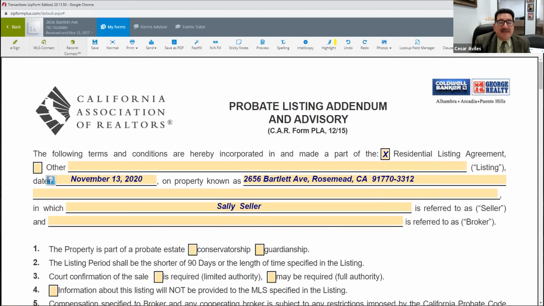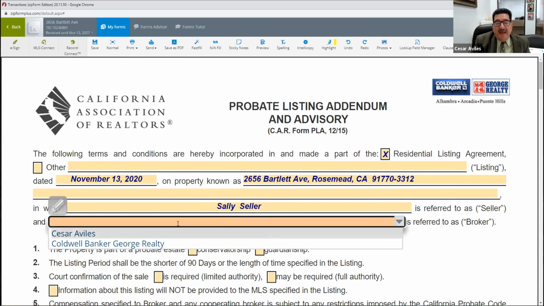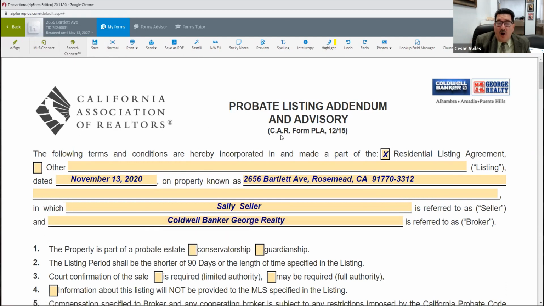So you need to identify all the forms, all the branches that you're attaching to the contract. You identified the main tree, which is the residential listing agreement that we dated on November, blah, blah, blah, on the property known as Bartlett, blah, blah, blah, seller Sally, and Coldwell Banker George Realty is the broker. So that's the identification of the property.